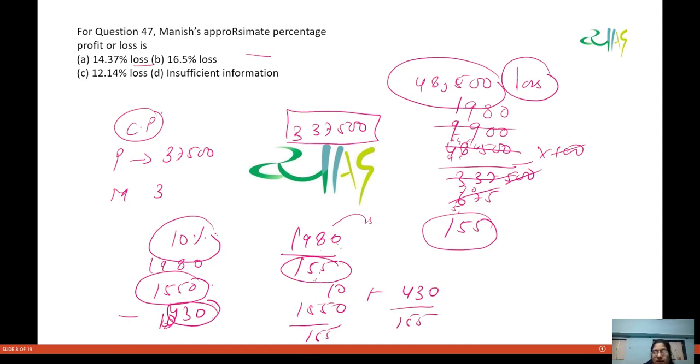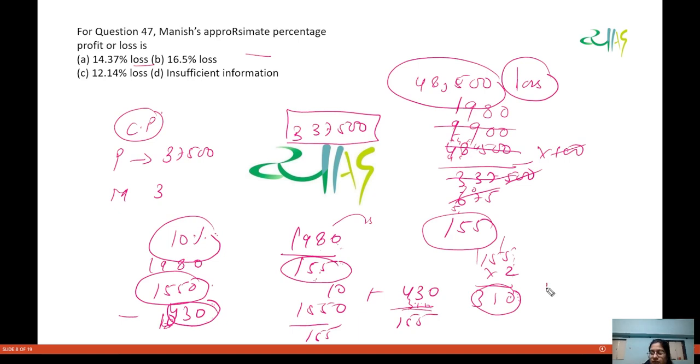This is how we can simplify the calculation. So this will be 2.14 something. How? Because if you do this 155 twice, then it will be something like 310, right? And after that 310, only how much is left?